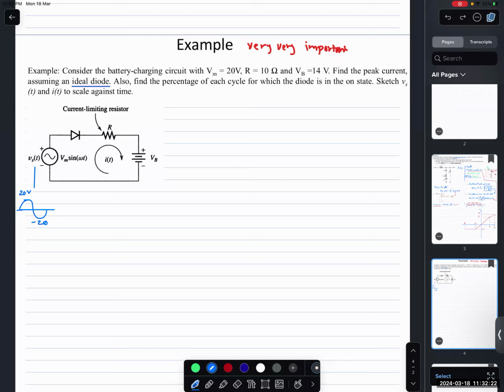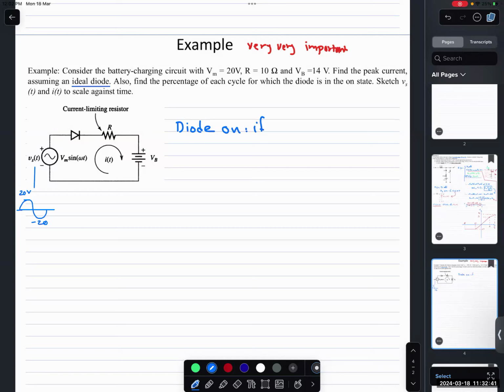So we'll write it down: there is no 0.7 because it's ideal, so if the voltage here is bigger than the voltage here, which is VB, the diode will turn on.